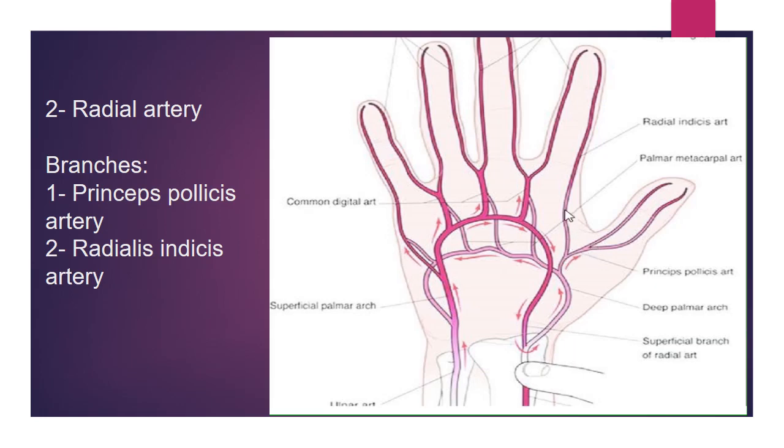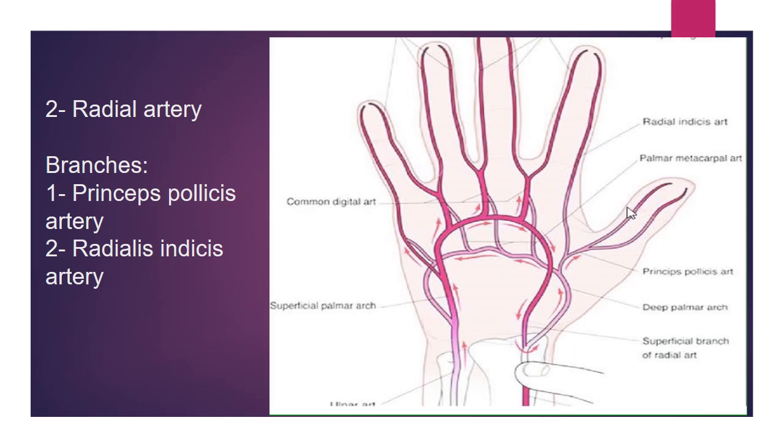The second branch, which is the radialis indicis artery, descends between the first dorsal interosseous muscle and the transverse head of adductor pollicis muscle, and it supplies the lateral side of the index finger, this one.